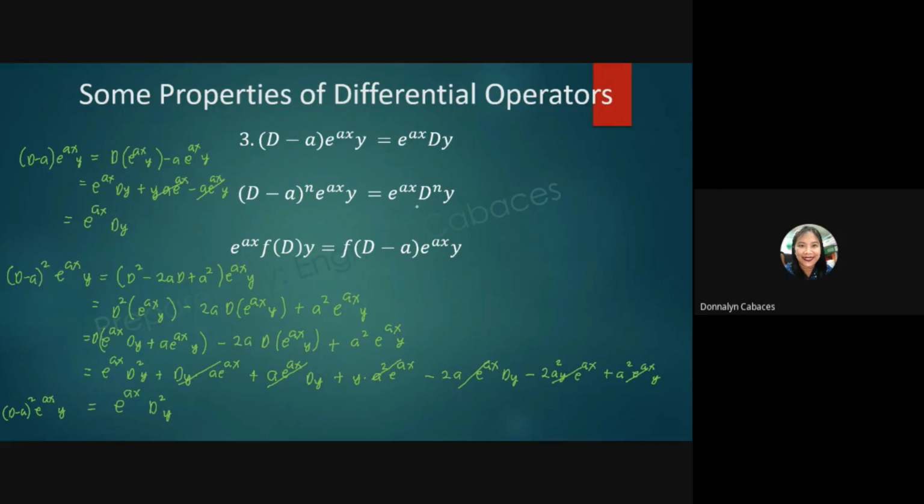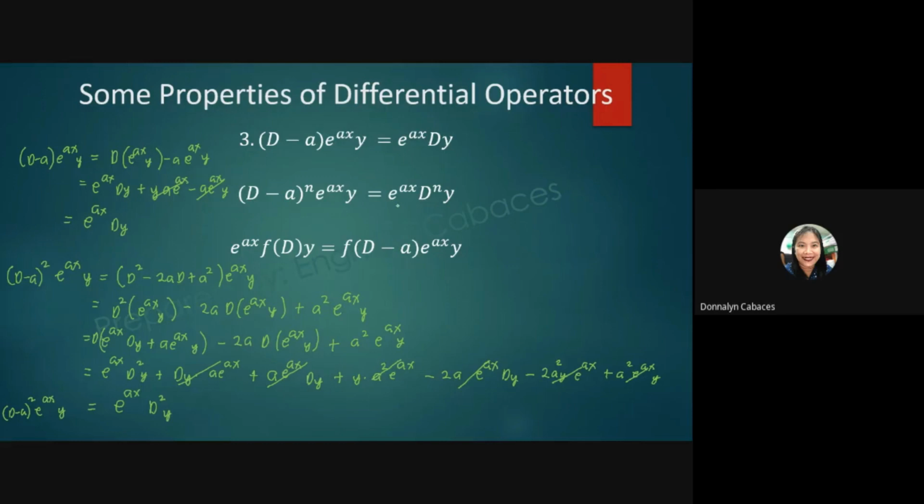So in general, if you have (D minus a) to the n e to the ax y, you should end up with e to the ax D to the n y. So you need not show this long process. That is the purpose of introducing the properties of differential operator.